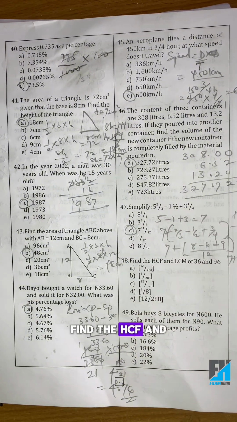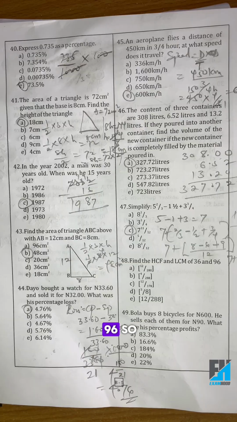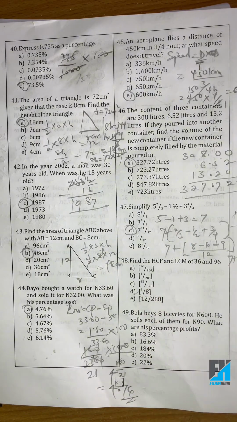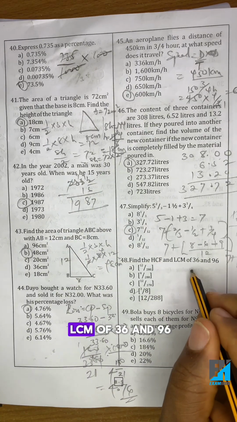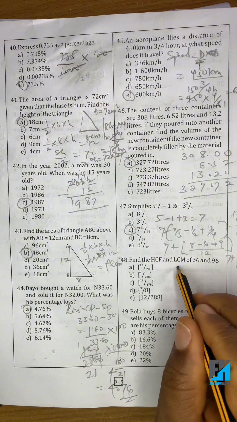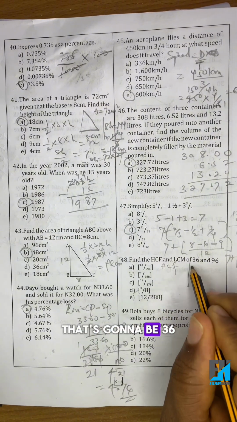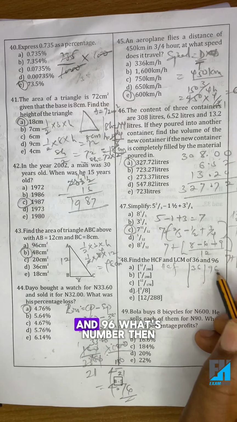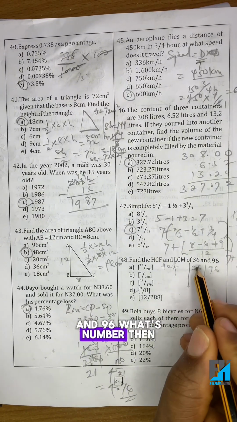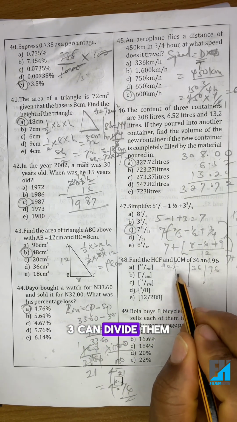Find the HCF and LCM of 36 and 96. Maybe they want you to do, what is the LCM of 36 and 96? Let's go about the HCF first. That's going to be 36 and 96. What number can divide them?